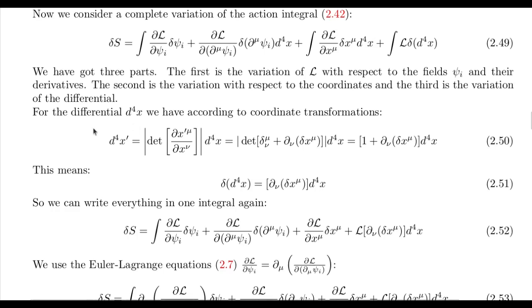For the differential, we have according to coordinate transformations, that should be clear, we can write for the new coordinates the old one, the 4-vector, and use here the Jacobi determinant. Or you can write it in this way.